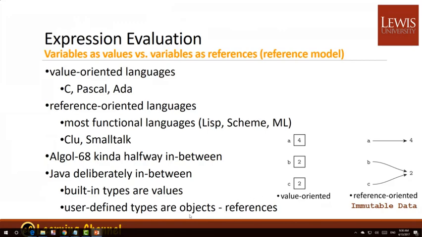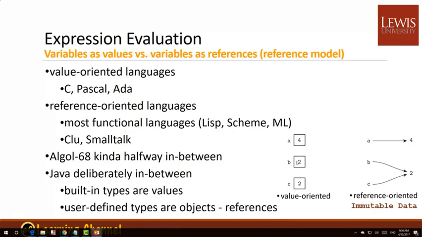So, for example, if I compare one string and another string using the double equal sign, that will compare the hash code or the address, the reference of the string object, instead of comparing the content. But if you want to compare the content, you use equals. So Java has the reference-oriented feature, but not C or Pascal or Ada.